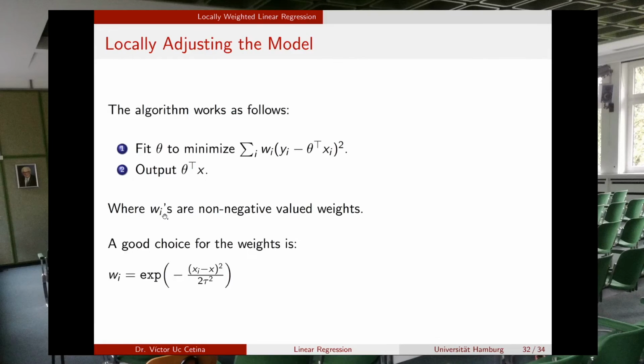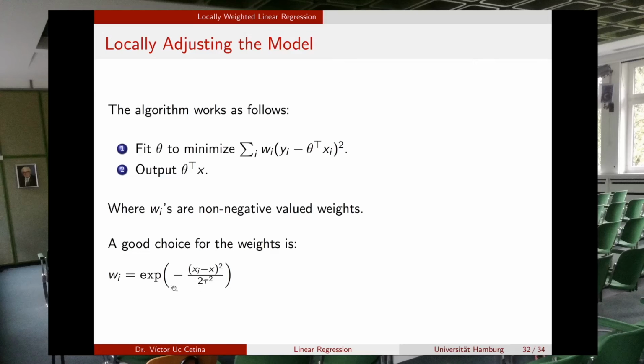One way to implement these non-negative value weights could be using the exponential. So in this formula, if xi is close to x, this is going to give you a large number. And if this difference is large, the exponential is going to give you a small number.